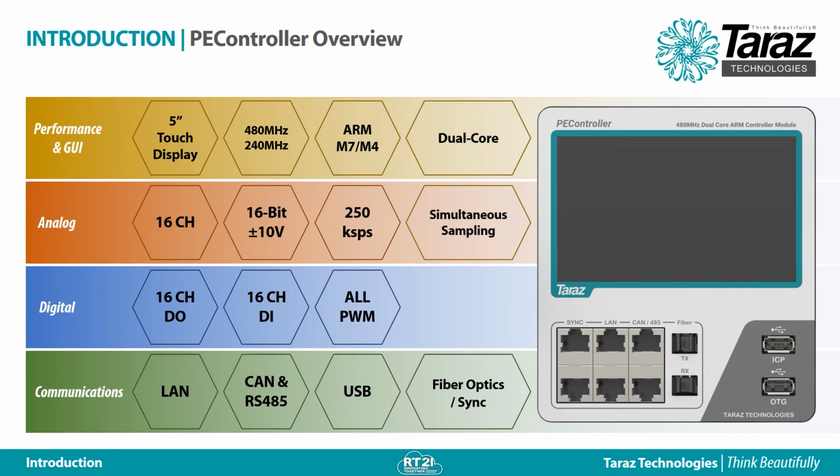Also, an isolated fiber optic or sync communication can be used for controller to controller communication with up to 50 megabaud speed. This is also very useful to implement master-slave control or develop a distributed control system between multiple PELabs. There are also two USB ports, one for data sharing and the other for the in-circuit programming and debugging.